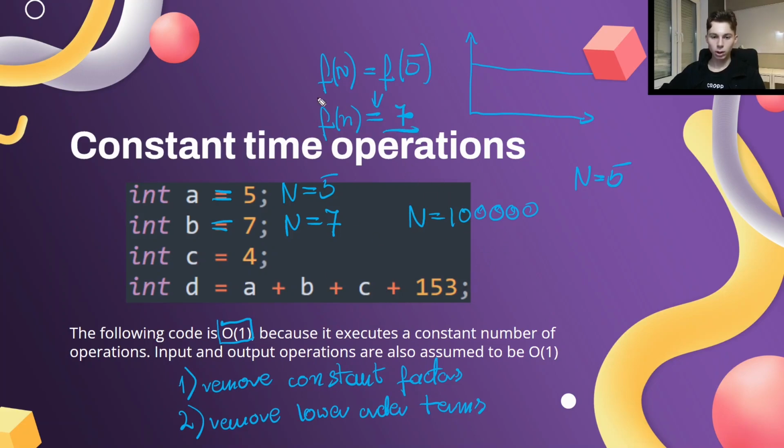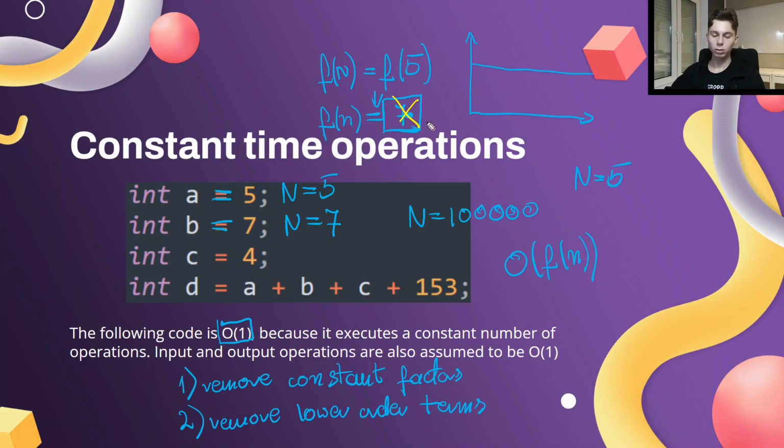Now we want to have a big O notation of f of n. We know that we have f of n equal to 7. We must remove constant factors, so we will remove the 7, and remove all lower order terms.